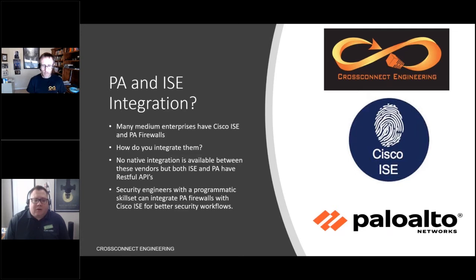And with that said, a big question comes to how do you integrate these solutions together, because they do great things on their own, but we would like them to be able to work together.